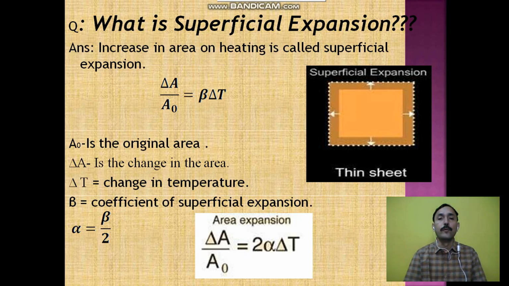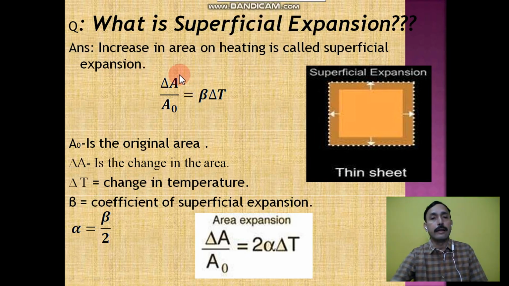Alpha is the coefficient of linear expansion and beta is the coefficient of superficial expansion. So the relation is alpha is equal to beta by 2. So we can write beta is equal to 2 alpha. So this formula becomes delta A by A naught is equal to 2 alpha delta T.